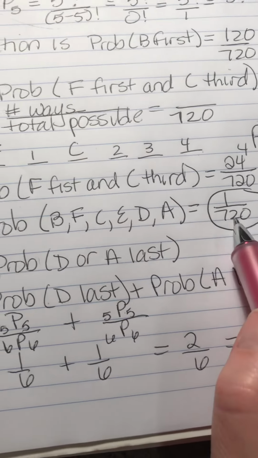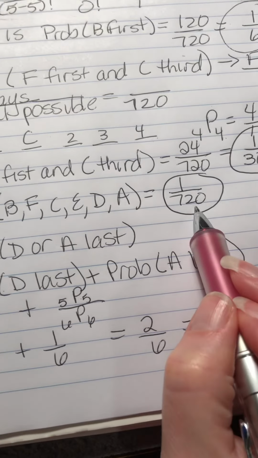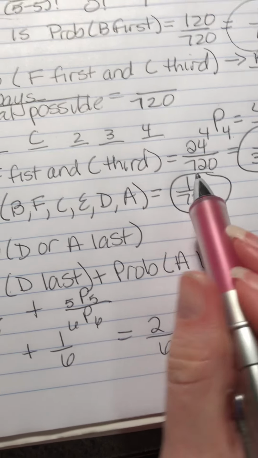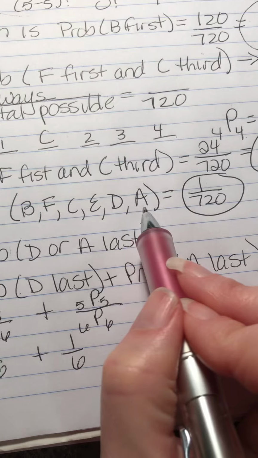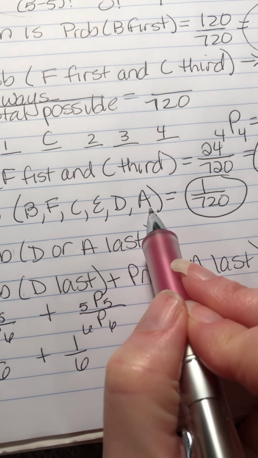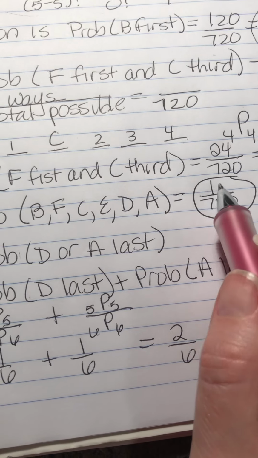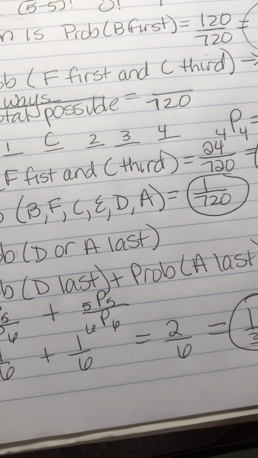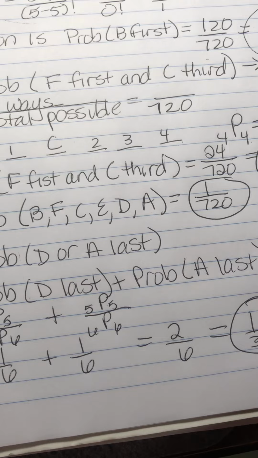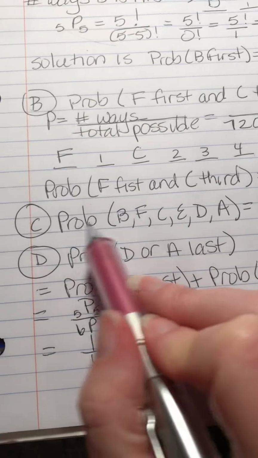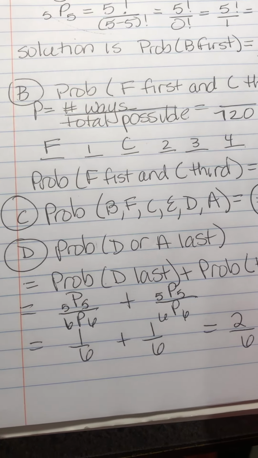The total possible in part C stays 720. That number isn't changing. But when I go ahead and pre-select the 6 comics, that's the only way that can happen. So that's why the numerator in this case is 1. There is no other way that we could make that same order. So that one, actually, we don't have any calculating to do in part C.